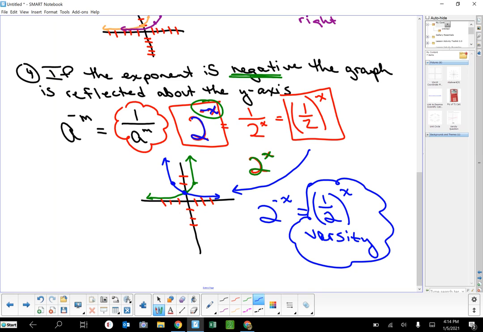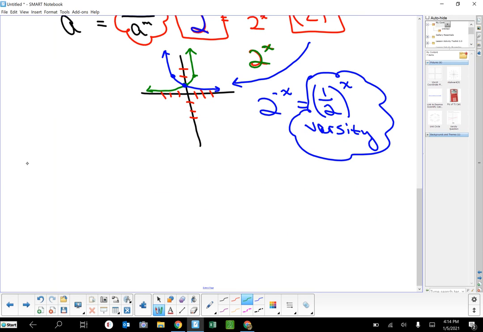All right, here's something else you need to know. I'll do this in green. I'm going to extend my page a little bit more. This is rule number 5. Now remember, our original function was f of x equals a to the x plus c, plus b. Just to remind you, that's what that looks like.